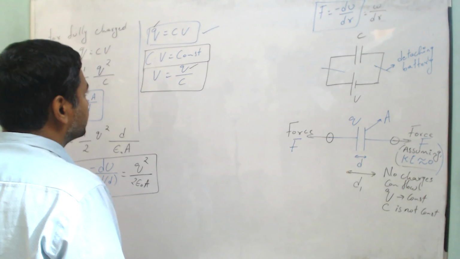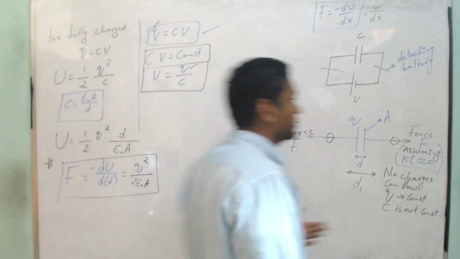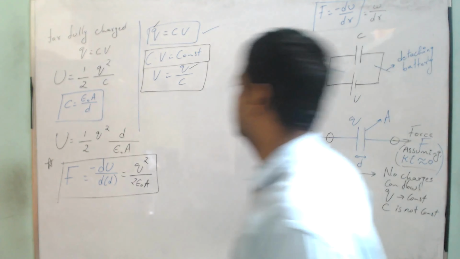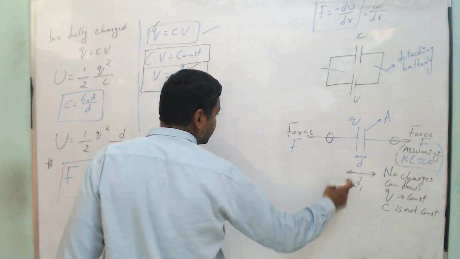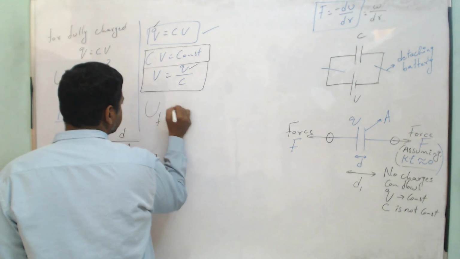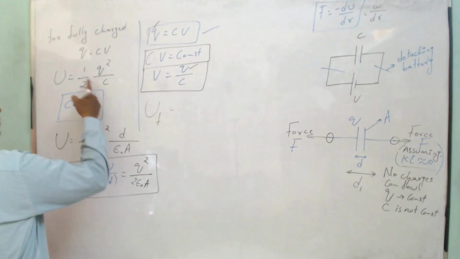V is equal to Q by C. I know that my potential difference across the capacitor is not a constant, correct? We have taken this from a distance d to d1, right? What is the final potential energy? Initial potential energy is this, or you can say this.